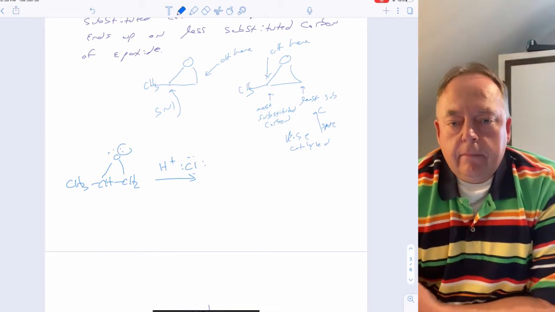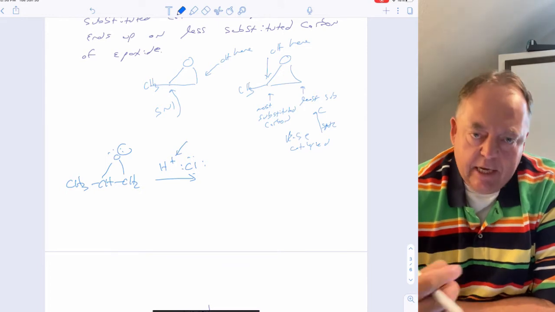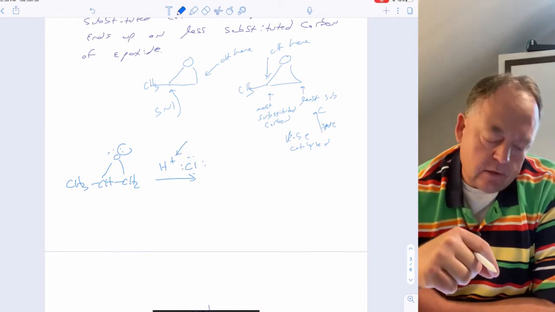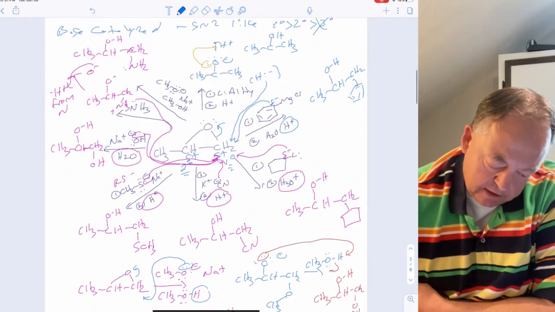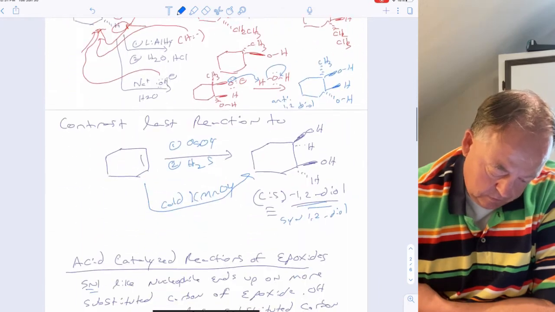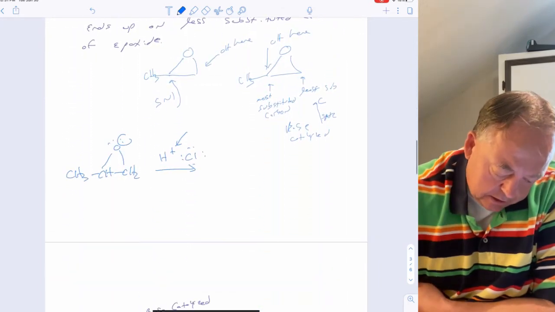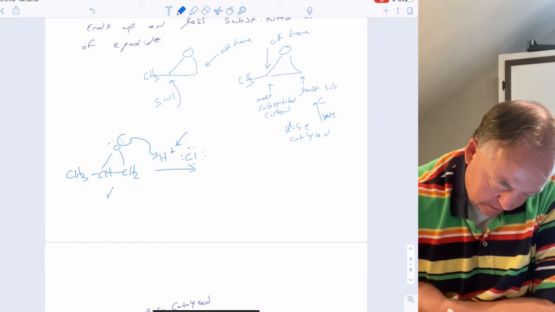So it's a totally different mechanism if it's acid catalyzed. And how do you know if it's acid catalyzed? There's going to be H+ in the first step of the reaction. If you notice, in all of these reactions where it's base catalyzed, H+ is in the second step. So here, if H+ is in the first step, then the first thing that happens is you protonate the epoxide.